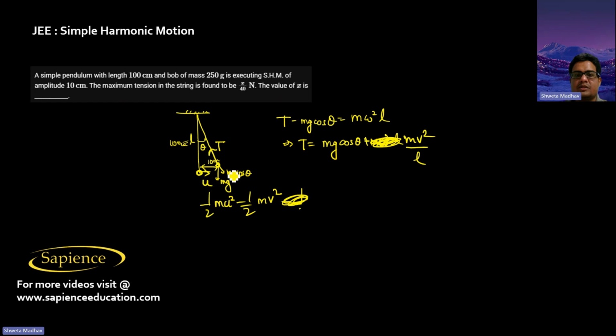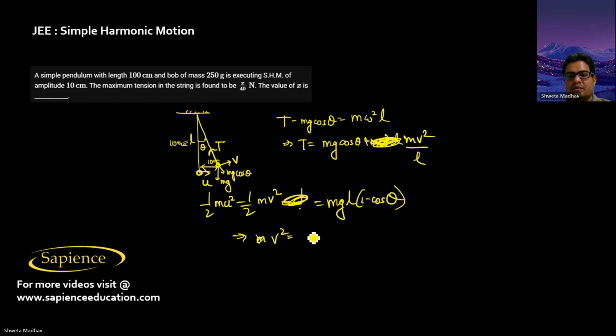Here the speed is u, here the speed is v, and that is equal to mg into h. h is equal to L into 1 minus cos theta, L minus L cos theta. So therefore, v square is equal to u square minus 2gL into 1 minus cos theta.